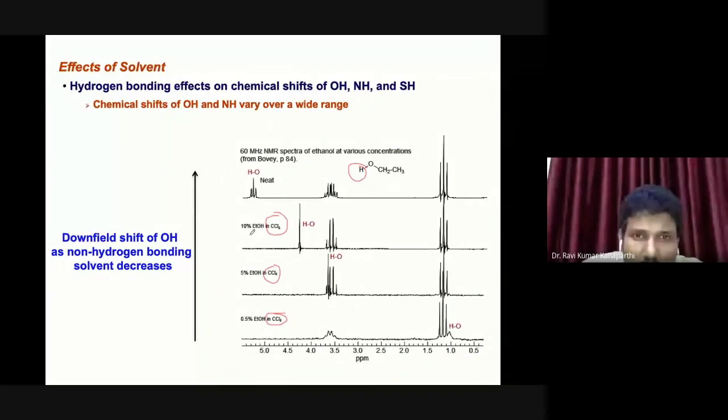So as you go from the bottom to the top, the non-polar solvent content is decreasing. So the OH shift goes downfield as the non-hydrogen bonding solvent decreases, right? You can see the point.